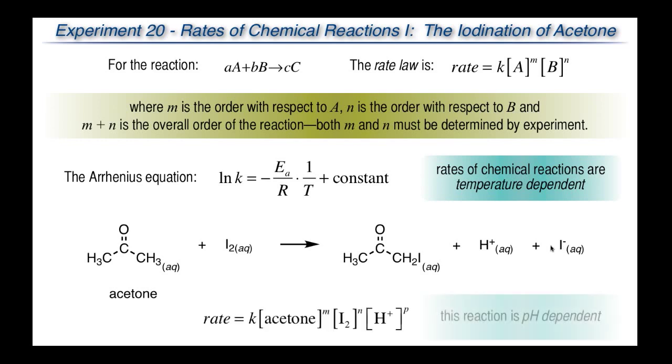We could go ahead and write out the rate law for this reaction as shown down here, where the rate equals the rate constant times the molar concentration of acetone raised to the m power times the molar concentration of iodine raised to the n power times the molar concentration of hydrogen ion raised to the p power. Now note that hydrogen ion does not explicitly appear as a reactant in the chemical reaction up here, but it is nonetheless part of the rate law because the reaction is pH dependent. We've just chosen not to write its dependence here in the reactants.